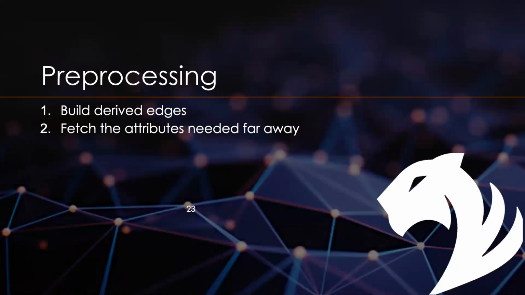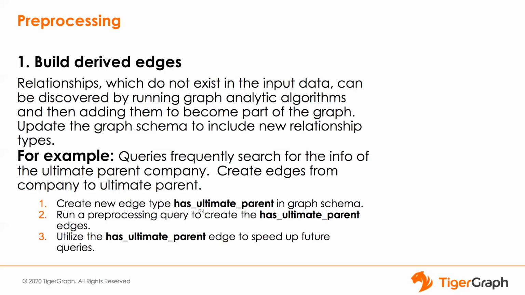Next, I will talk about preprocessing. I will give you a few examples of good use cases for preprocessing, and in the end, I will give you a query example on how to do preprocessing. The first thing we can do is build a derived edge.